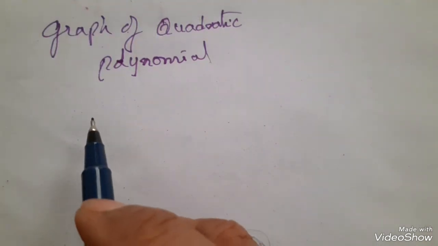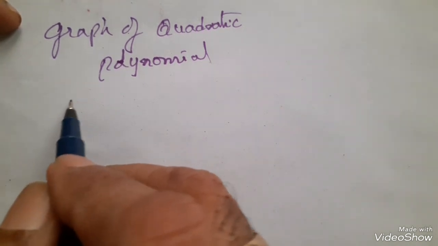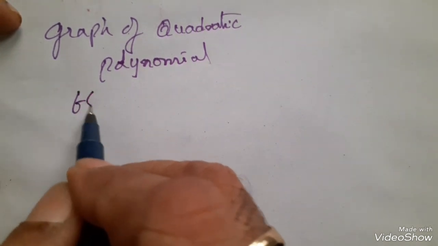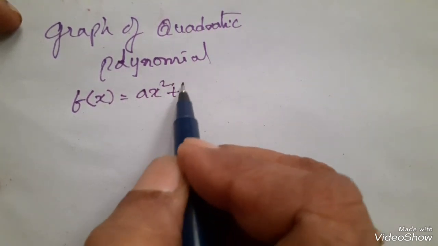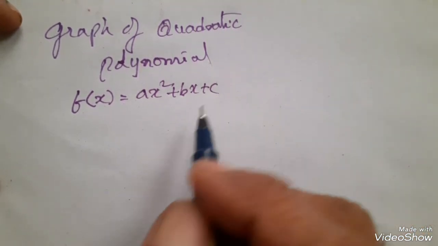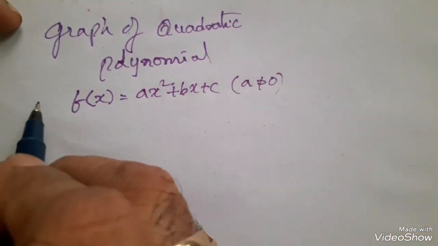Now let us see the graph of the quadratic polynomial. So the polynomial means ax square plus bx plus c, where a is not equal to 0.